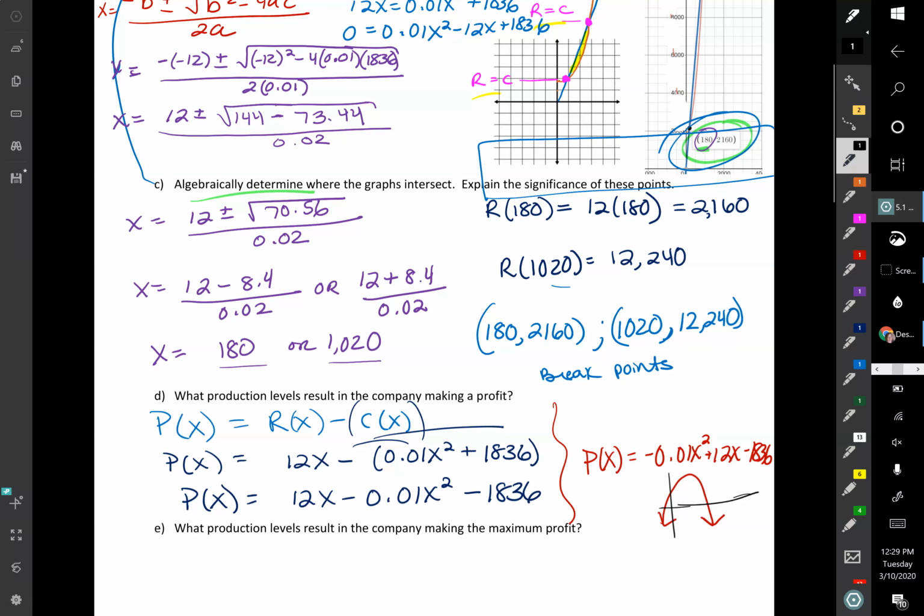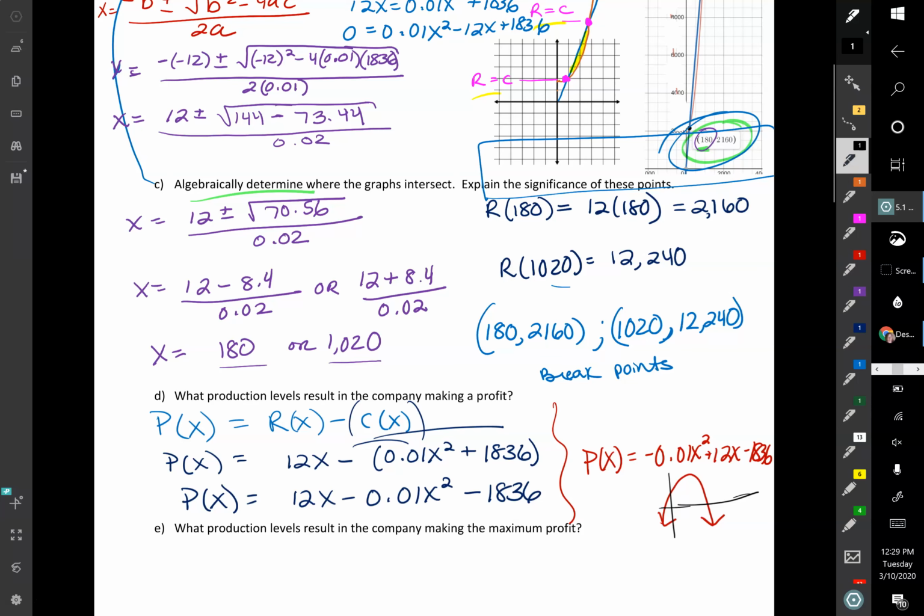Because what's going to happen here, if we put 0 in for profit, we get our break-even points. And anything in between those is going to be actually the profit. So our answer would be the same right here.